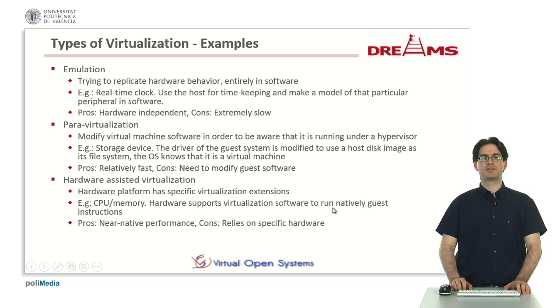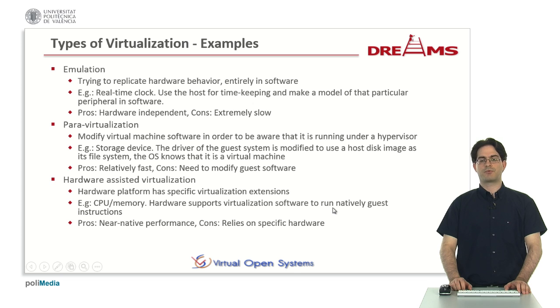Finally, we have hardware-assisted virtualization, among the most efficient ways to virtualize things, but also the most costly in terms of hardware. Newer platforms, newer hardware come with specific virtualization extensions that help the programmer implement a hypervisor to efficiently schedule resources and manage them, and virtualize them, of course.